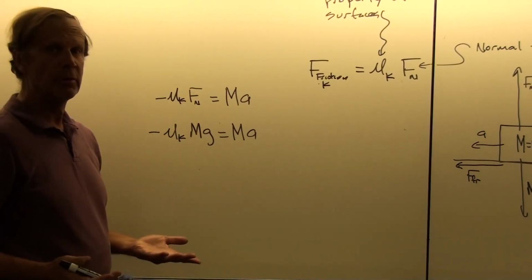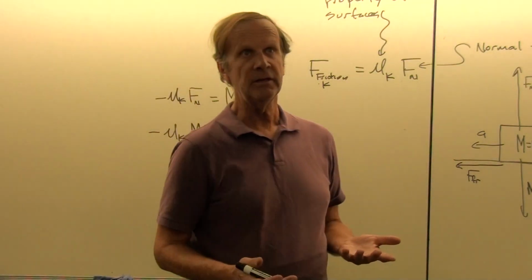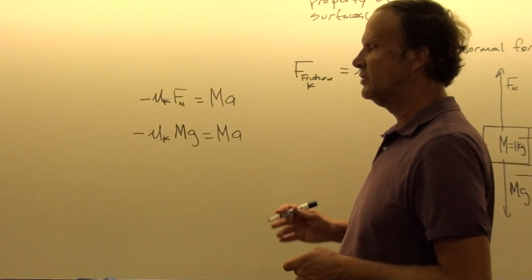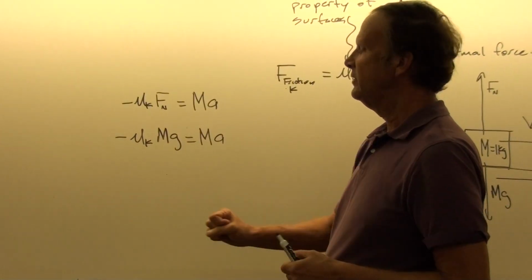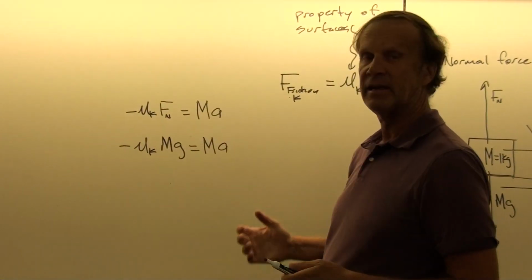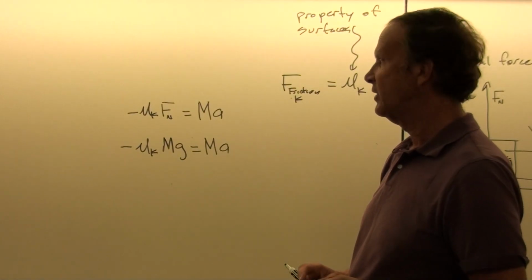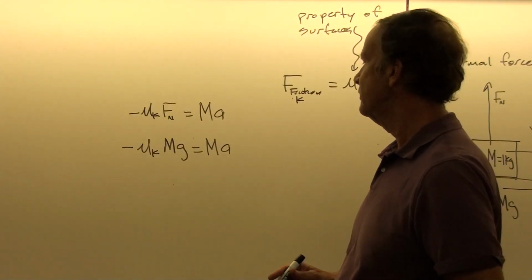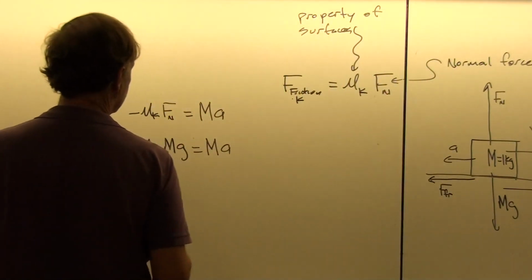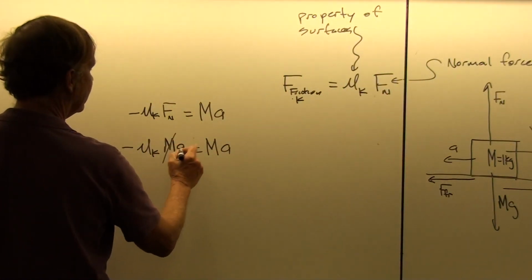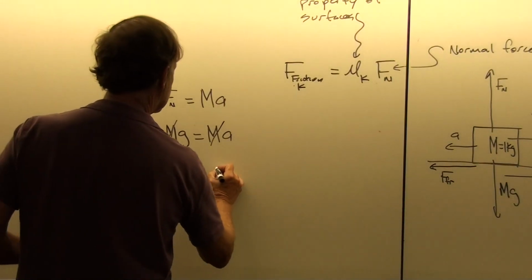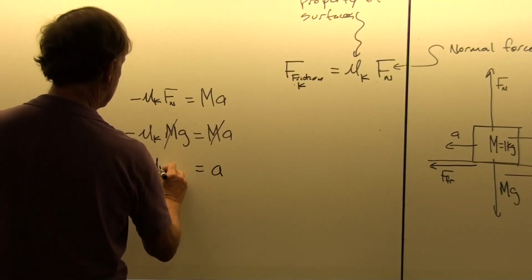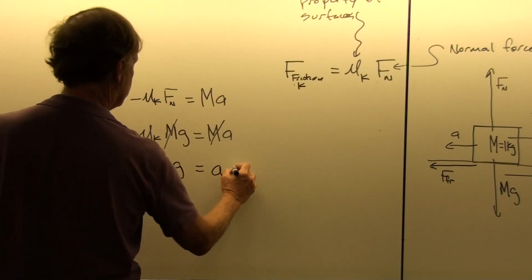Now, will the normal force always be equal to the weight? The answer is no. There are going to be situations where you'll have other forces acting at an angle, and we'll look at some of those really soon. But in this case, it is true. And so what we can do is just cancel out the masses, and that gives us the acceleration is minus mu k times g.